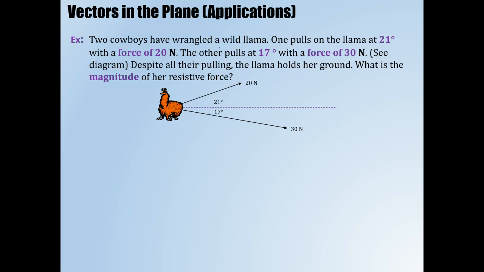Okay. So let's take a look at Cowboy 1 and Cowboy 2. So Cowboy 1, let's get the component form of this vector: 20 cosine of 21 degrees and 20 sine of 21 degrees.